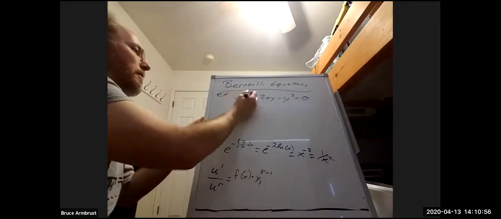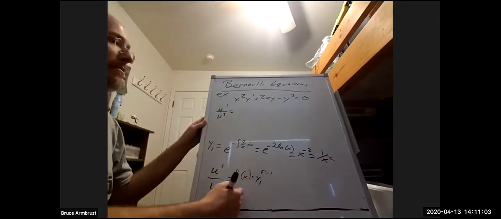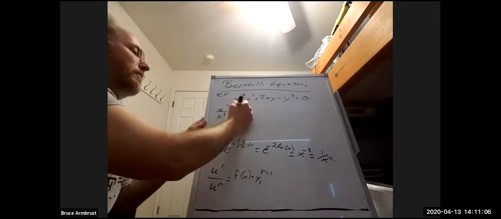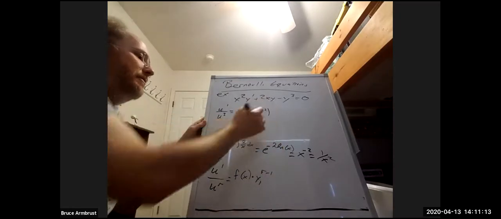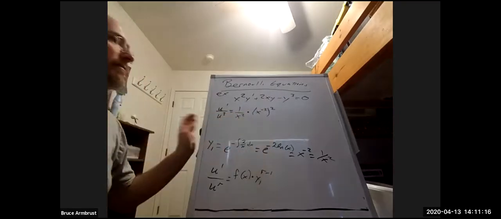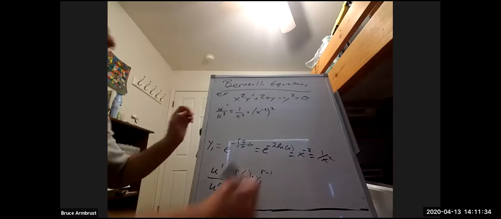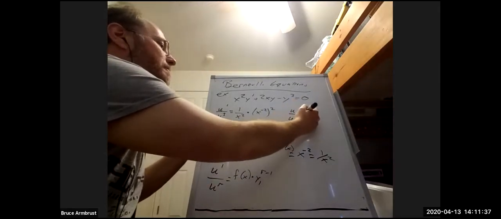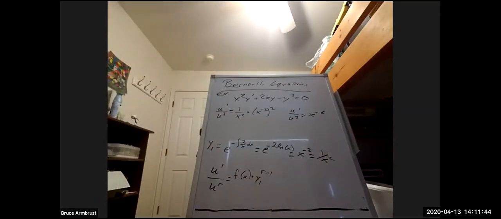So we're going to get u prime over u cubed, because r is 3, equal to f of x, that was 1 over x squared, times y1, so x to the minus 2, to the r minus 1. So all I'm doing is putting all those pieces into their respective spots for what we just found for Bernoulli. So this is going to be u prime over u cubed equals x to the minus 6, or 1 over x to the 6, however you want to write it.